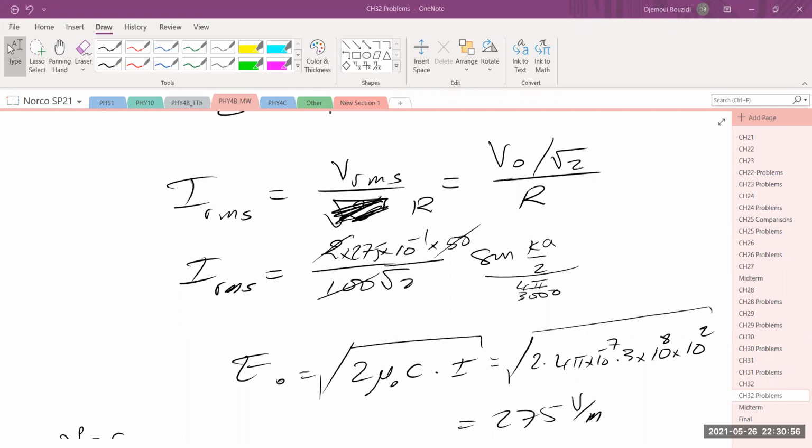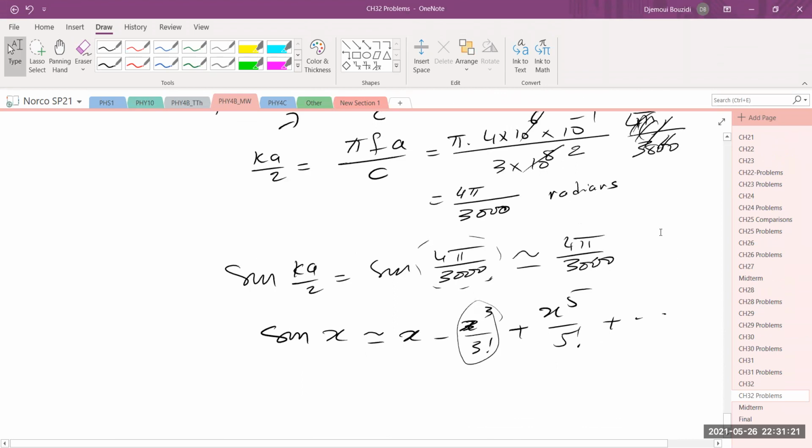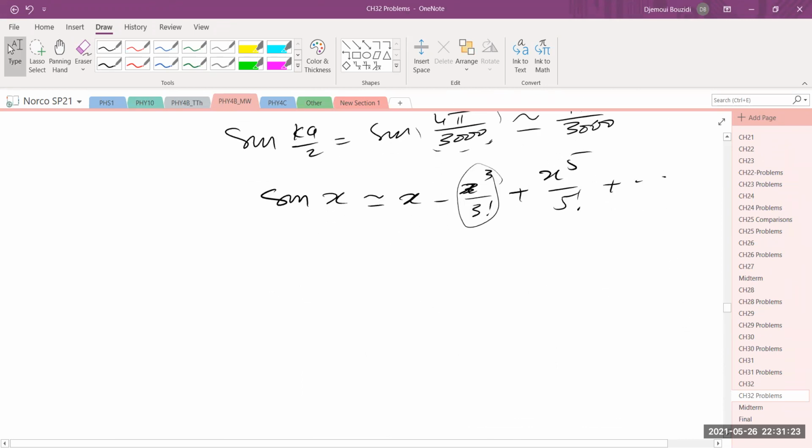The answer for the current is 8.1 milliamps, or 0.08, no, 81 milliamps, 81.4 milliamps. Okay, let me write it down how the calculator wrote it. 0.08145, so I'm going to round it to 5. Okay, so 81.5 milliamps.